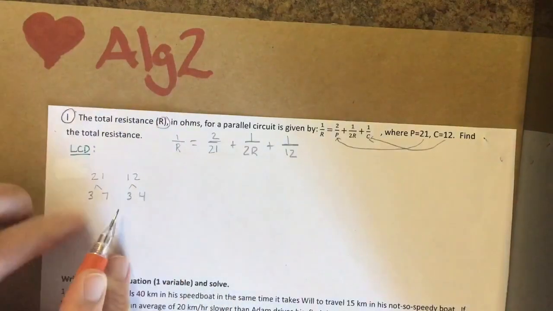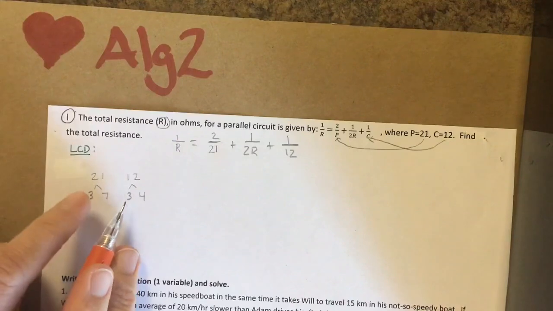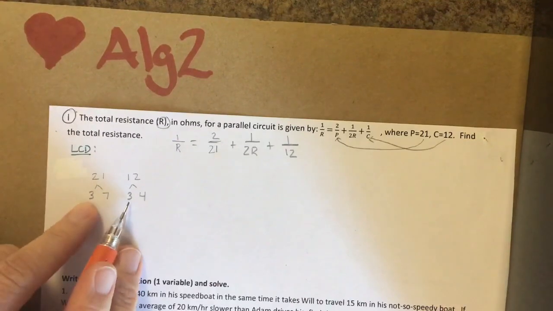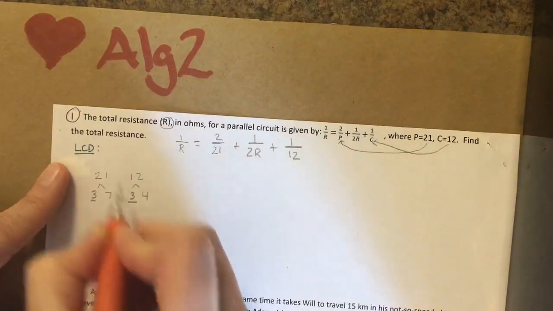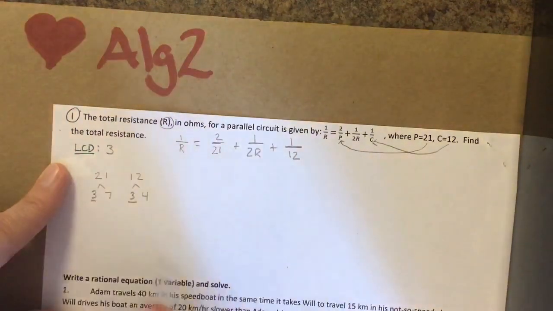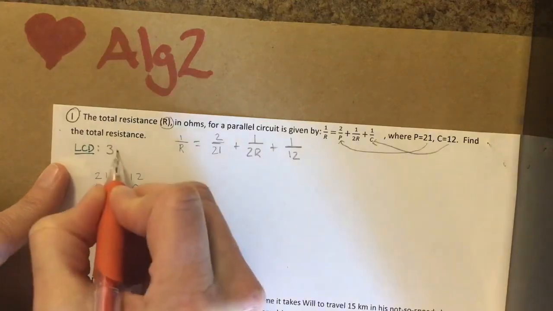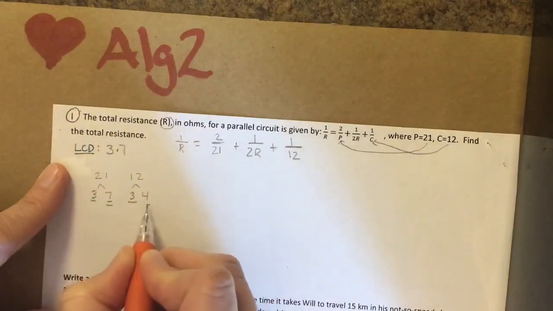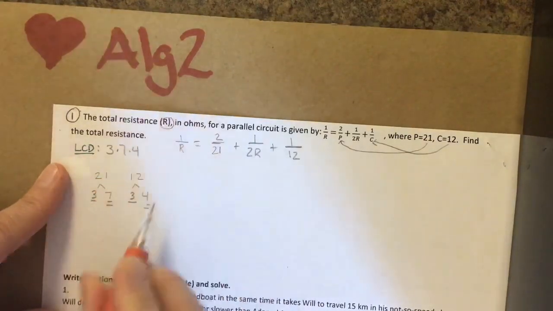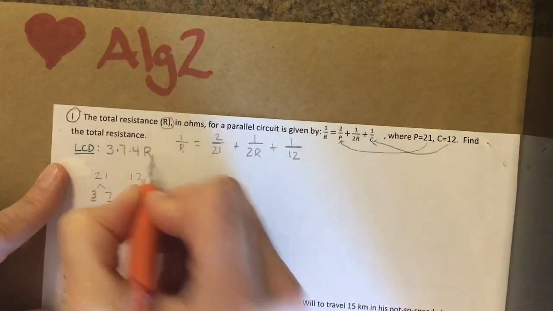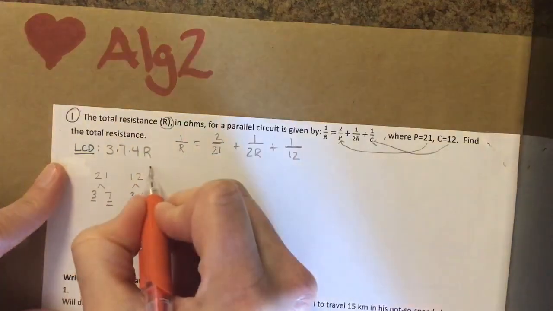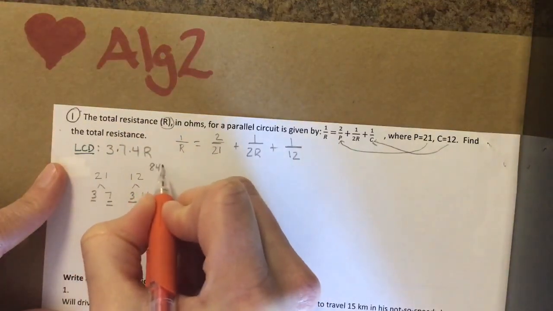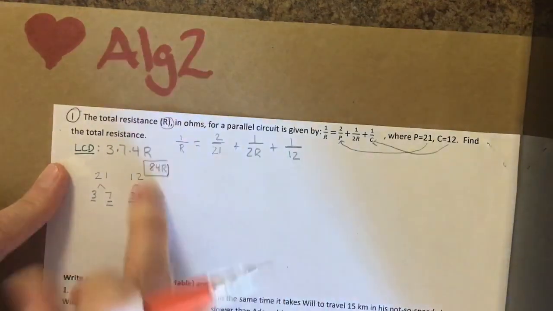So you want to factor it so you can find the greatest factor they have in common, GCF. So the LCD will be what they have in common. You need the 3. And then you need what they don't have in common, times 7, times 4, and then of course you need R. All right, so it's 21 times 4R, 84R is my LCD.